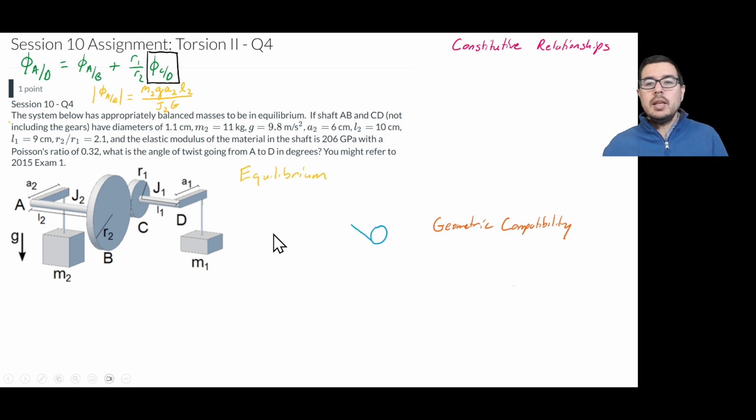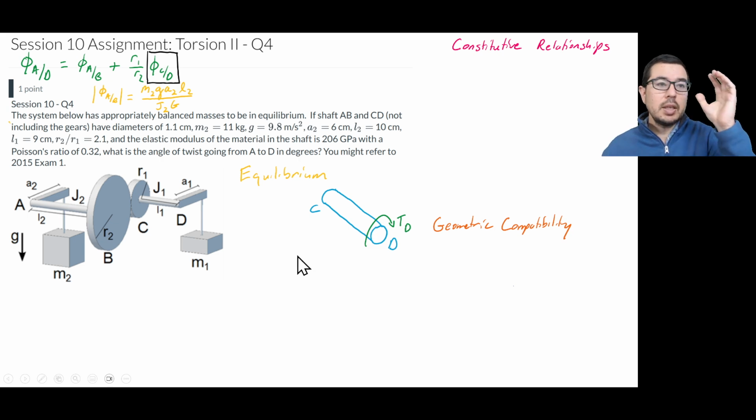Once again, when we're thinking about what's happening in a shaft, we can draw the shaft, and we're going to go from C to D. This is very similar to what we did in question 3. Here, I'm going to put a TD on the right end. So I'm looking at the shaft, as you see here. This TD is an external torque, and so I can pick a direction that makes sense.